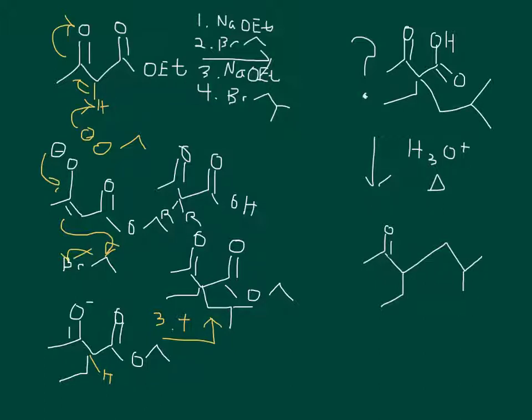Well, now we can look at the arrows. And what's going to happen is you're going to have these electrons come and grab this hydrogen, which will free electrons in the oxygen to form a double bond right here. Well, that means the electrons between this carbon and this carbon have to leave. So that means they'll end up being pushed over here to form a double bond between the carbon and the other carbon, and that would push electrons up here. So you see the circular movement of electrons.